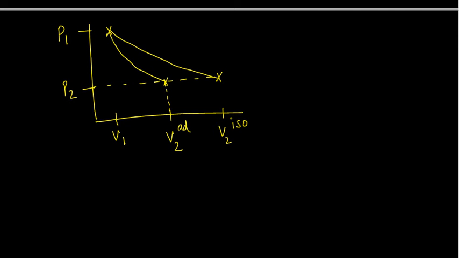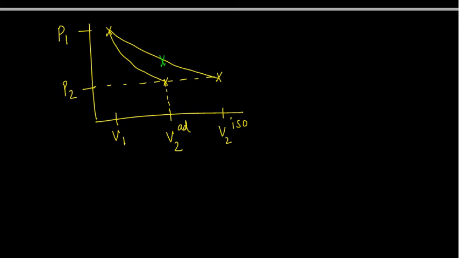Another way of comparing this is not the same pressure but the same volume, which I could actually do on the same plot. So that would be the isothermal volume. If I were to expand it to the same volume, that green point would mark the same volume, if I were to expand it isothermally.